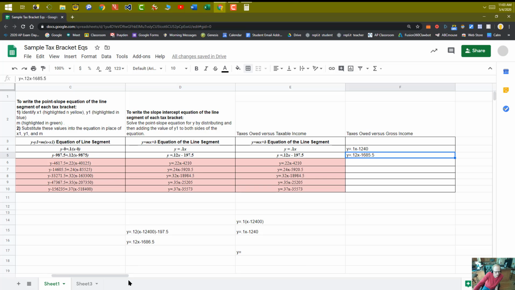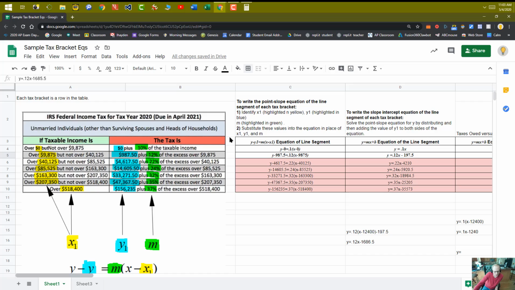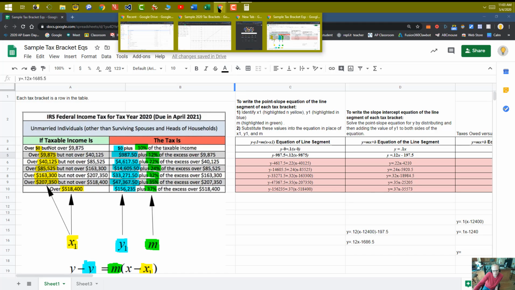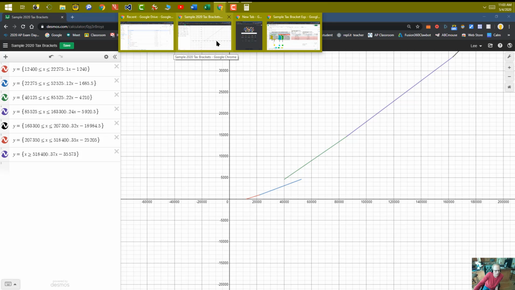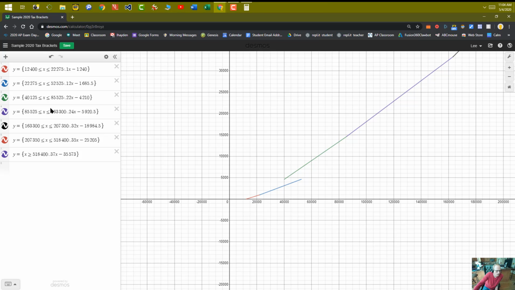So then you need to go over in Desmos and adjust the boundaries for all the domain restrictions. So what you're going to need to do is go through with a calculator and add 12,400 to each of these numbers. All right, and then change your equation right here.